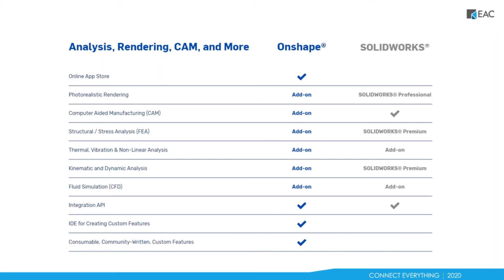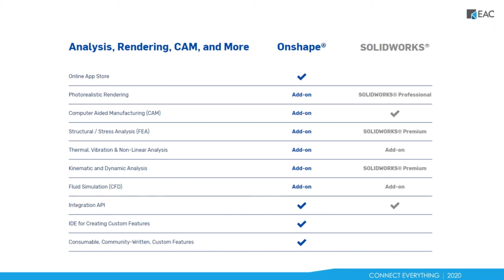Most CAD systems have an application programming interface, a way to create other applications and have them work with your application. That's what the API is, and both systems have that. Onshape also has the ability to create custom features, and the way that you create the custom features is using the exact same tools that the developers use.